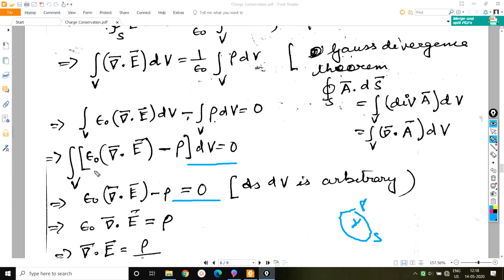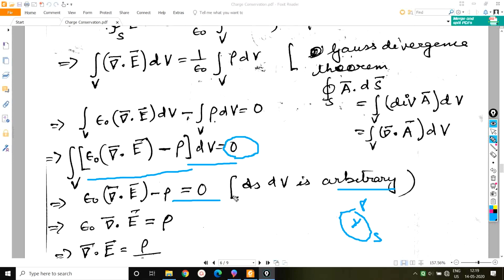So when you get the volume integration of epsilon 0 del dot E minus rho dV equals to 0, this dV is an arbitrary volume. So this result is true for any arbitrary volume.